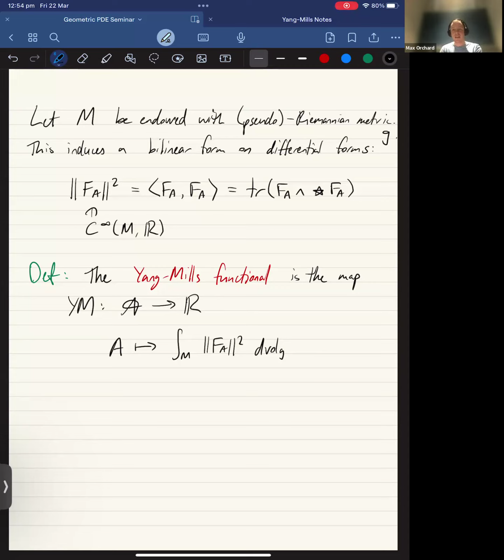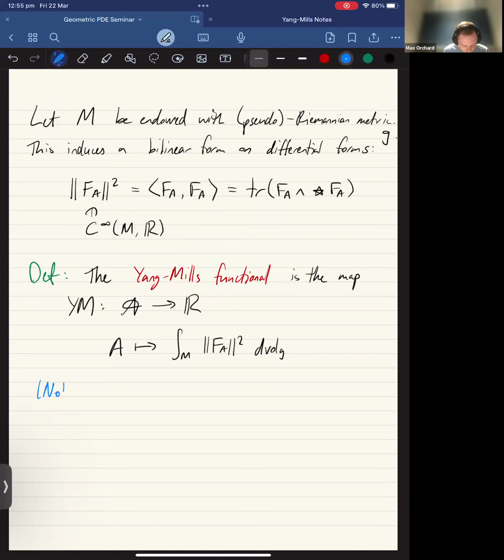And the idea is, if we want to minimize curvature, we want to minimize the value of this Yang-Mills functional. The way that we're going to do this is look at a slight perturbation of a connection, compute the derivative, find the critical points, a sort of calculus of variations kind of style.